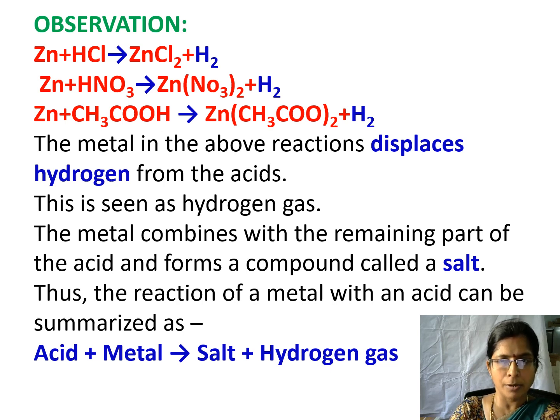The metal combines with the remaining part of the acid excluding hydrogen and forms a compound which is known as a salt. Thus, the reaction of metal with an acid can be summarized as acid plus metal gives rise to salt and hydrogen gas.